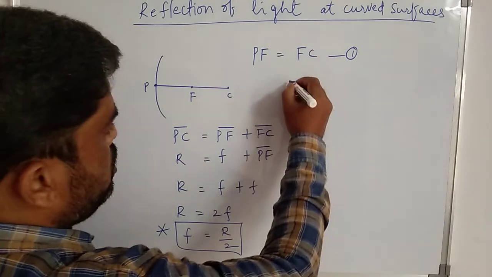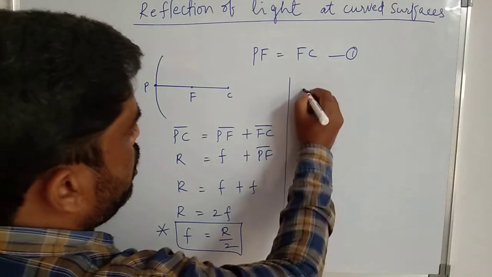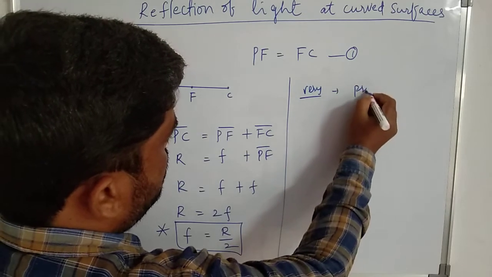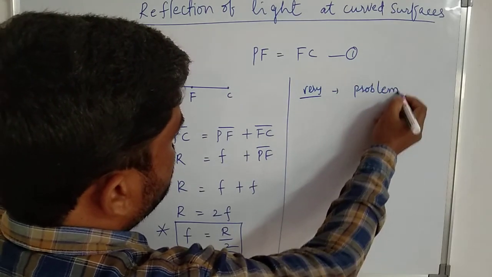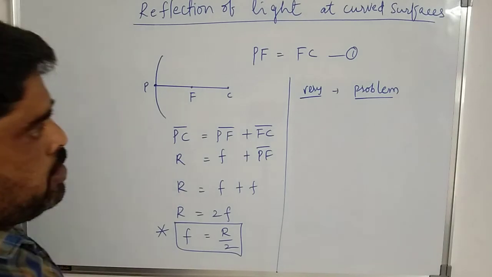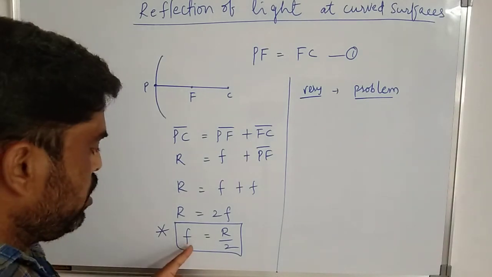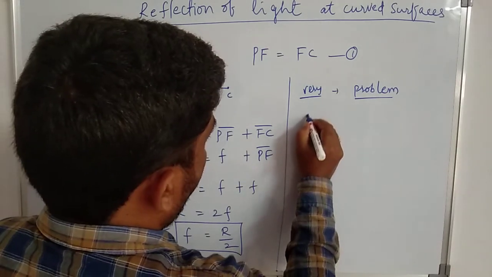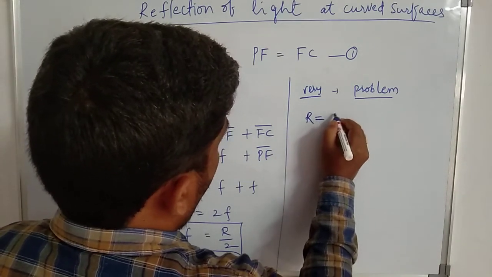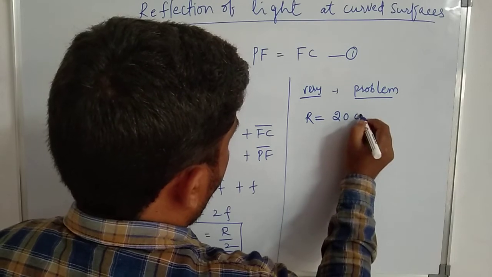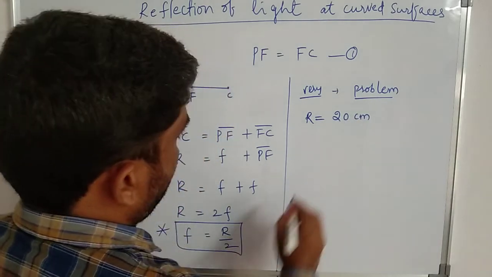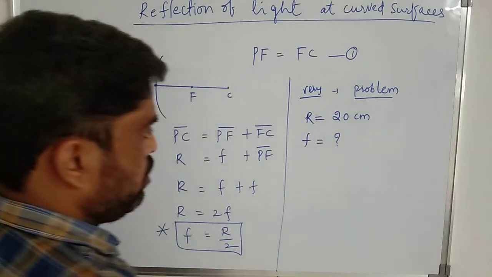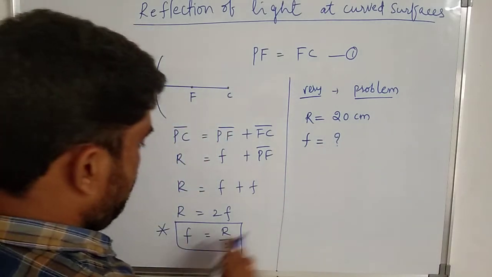This is a very important relation which will be useful in problem solving. This first chapter is very important for problems based on image formation and the distance between image and object. In those, it will be given indirectly: if the radius of curvature is given as 20 centimeters, you will be asked to find the focal length.